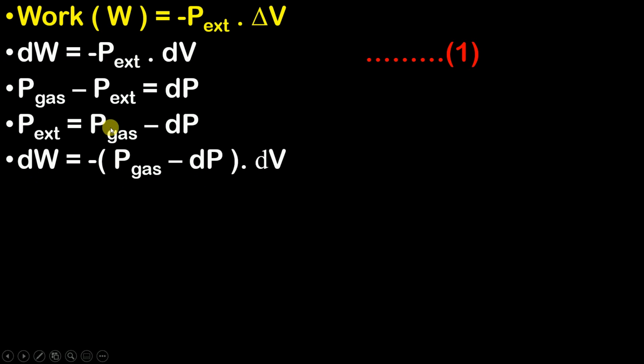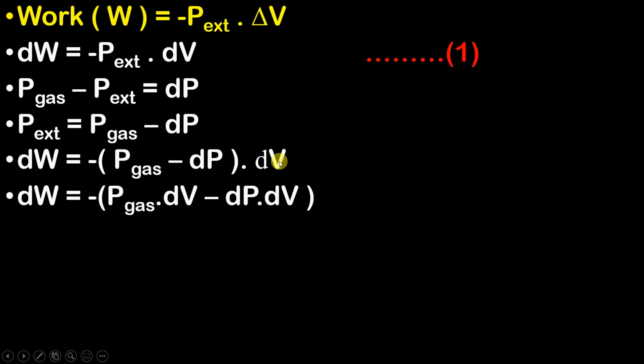We have just substituted the formula of P external in this case. Now just simply multiply the brackets. When we multiply the brackets, we take dV inside. Now what happens here, guys, is this dP into dV. See, this dP into dV is a very small quantity.